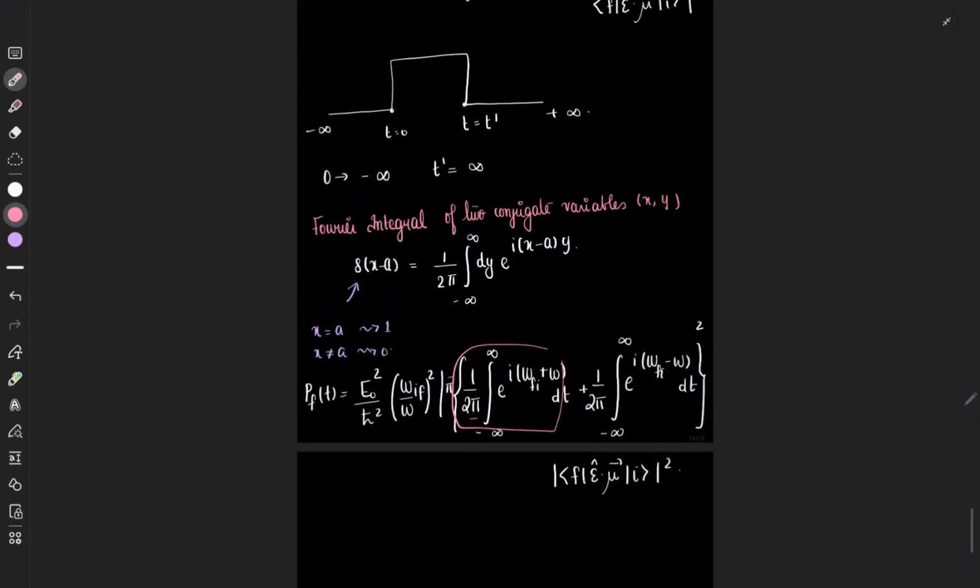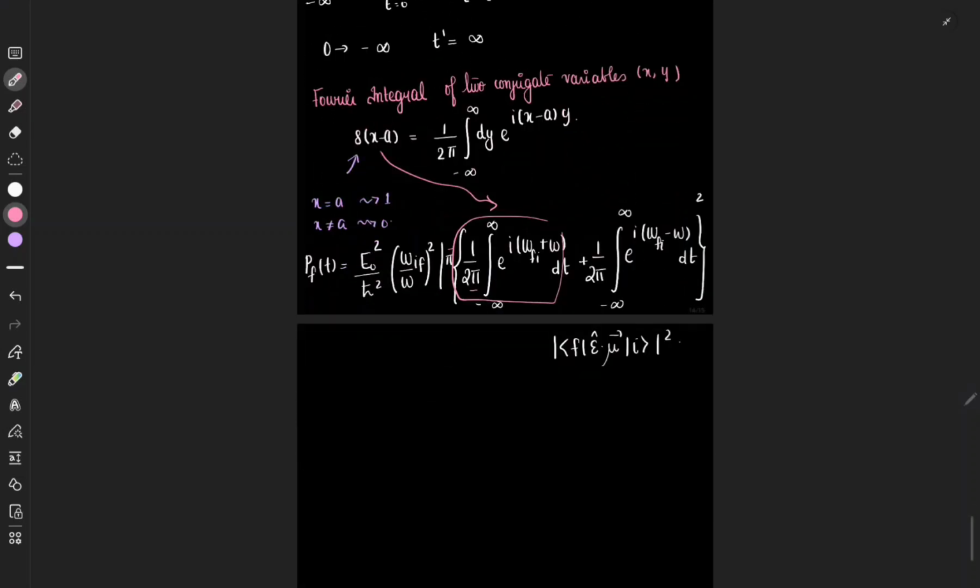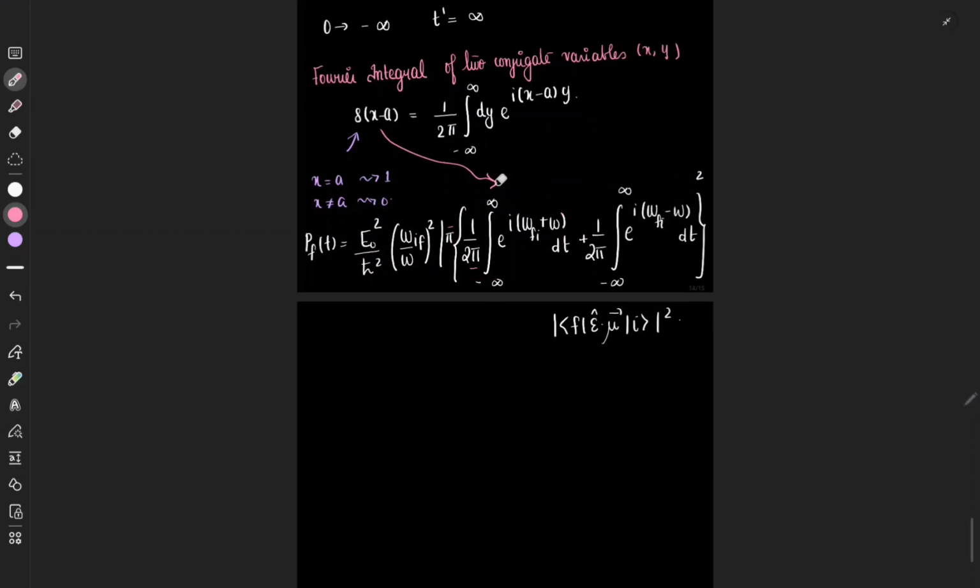I can write it as delta of x minus a. Here this is nothing but delta of omega fi plus omega, and delta of omega fi minus omega. You just have to rewrite this thing like this, in this form.